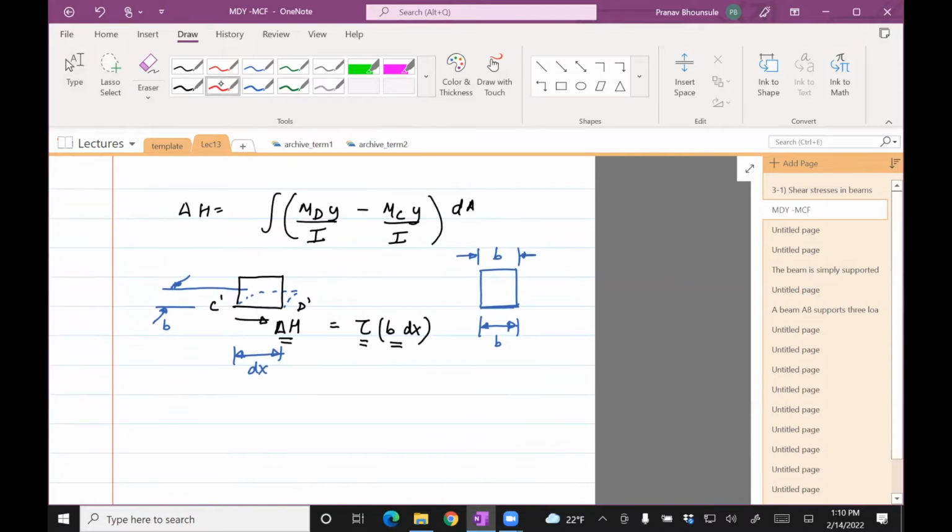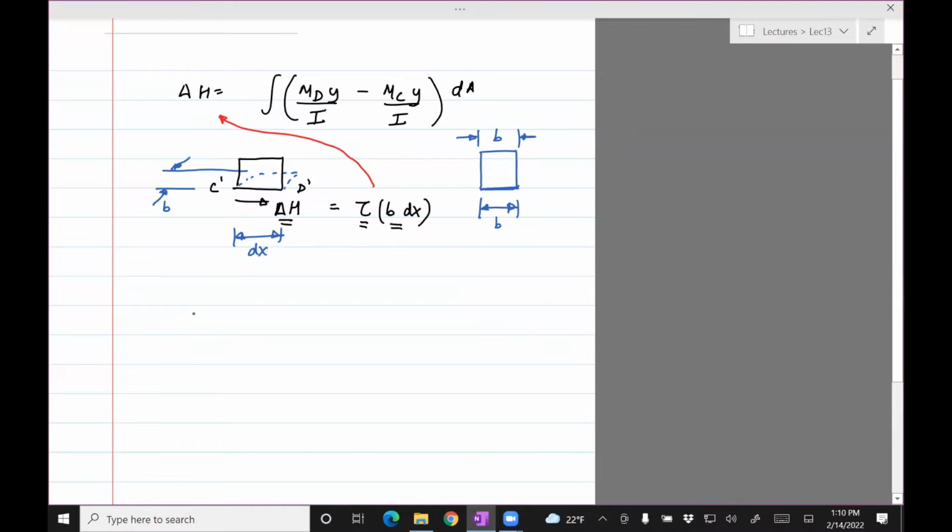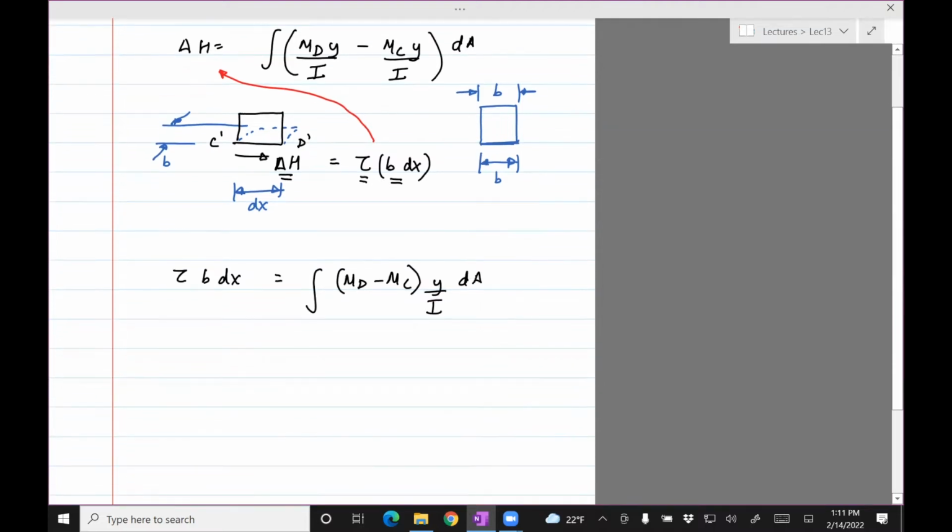And so what I'm going to do is take this and sub it in this formula. We almost did with the derivation. So we have tau b dx equals integral of (MD minus MC) by I dA.